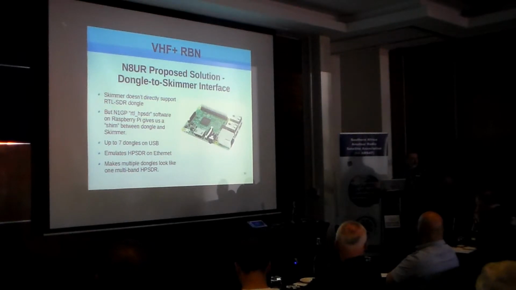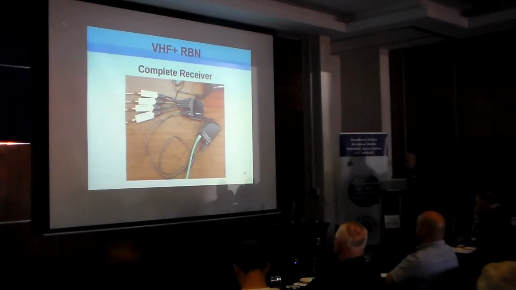It then takes all that information, aggregates it, and then sends it to the skimmer via an Ethernet port. So at the end of the day, it makes it look like it's a multi-band high-power SDR receiver. So that's what the hardware would look like.